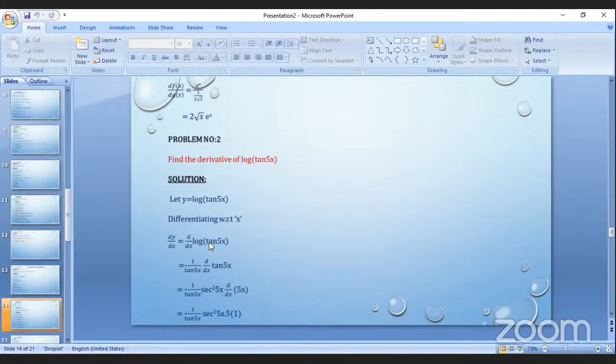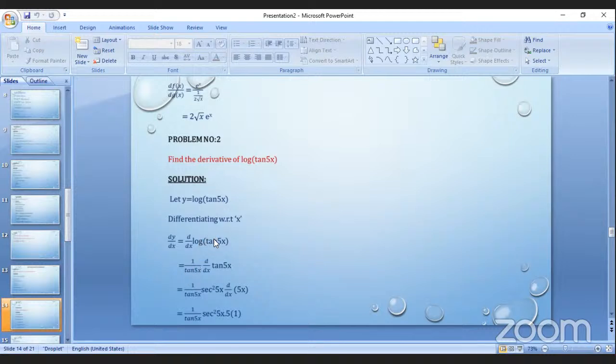The derivative of log x is 1 by x. In the place of x, we write tan 5x.